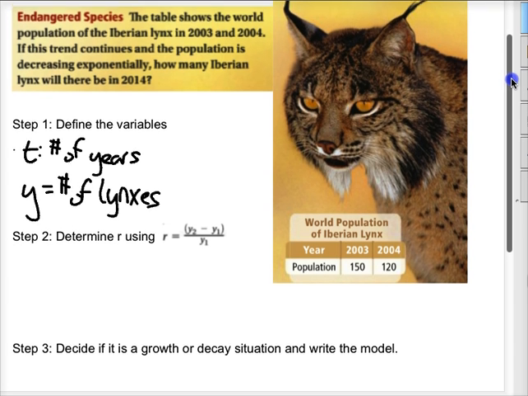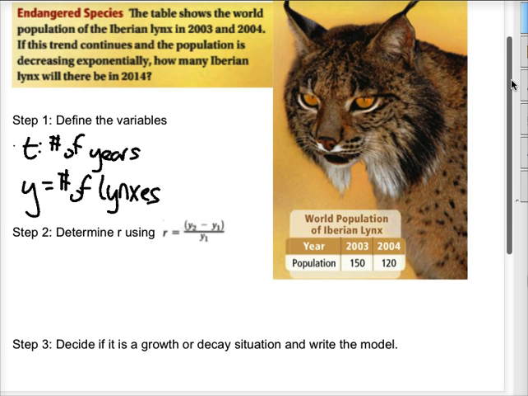Now, when you're dealing with discrete things, we're going to use this little formula that may be familiar to you. That is actually the formula for calculating percent increase or percent decrease. Something you might have seen before, but just not recently and not in this context.